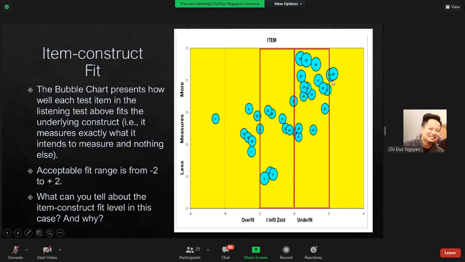And we have some items over here, very small, I guess 3 of them, that are not suitable to the target construct. Okay, so from this bubble chart over here, can you please tell me whether these test items fit the underlying construct? To what extent?